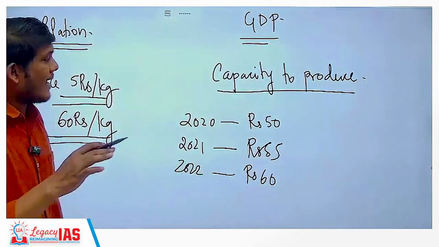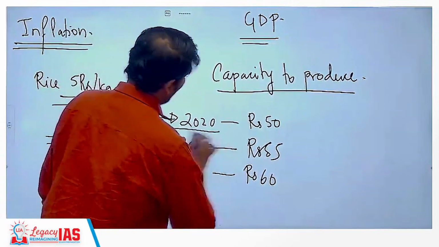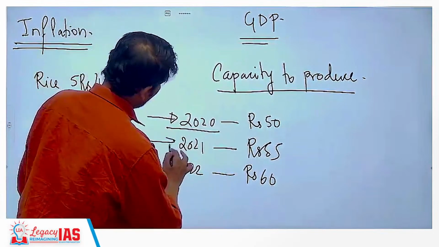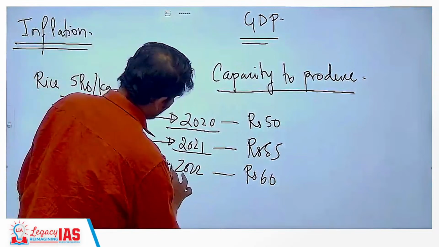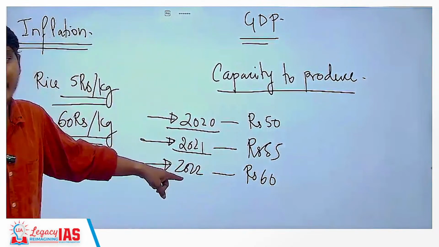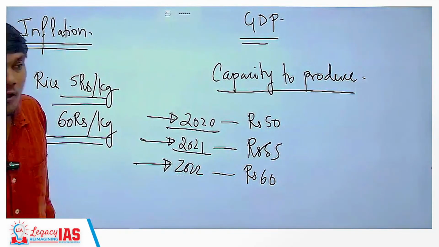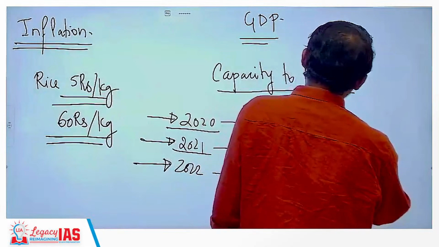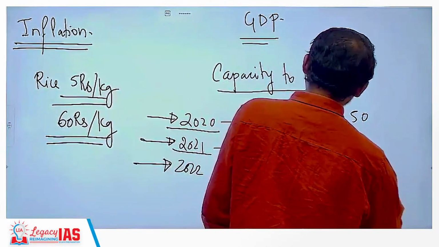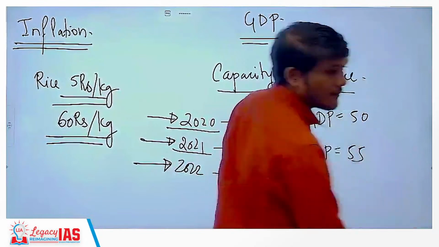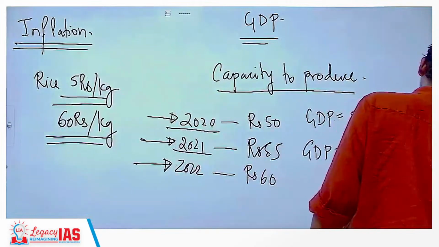So if I calculate GDP of 2020 and take the prices of 2020, and GDP of 2021 with the prices of 2021, and GDP of 2022 with the prices of 2022, I will get a result. Let's say the economy produces just one pen. So the result would be GDP is 50. Here the result would be GDP is 55. And I may think that my GDP has increased by 10%.